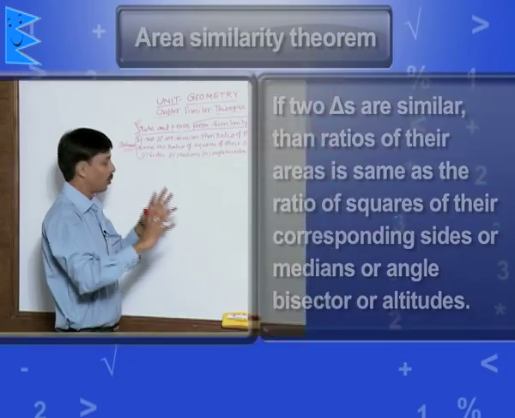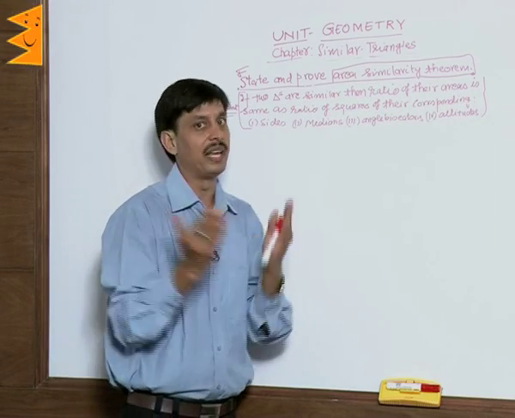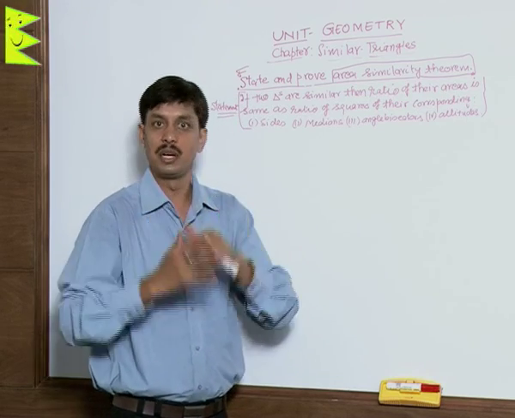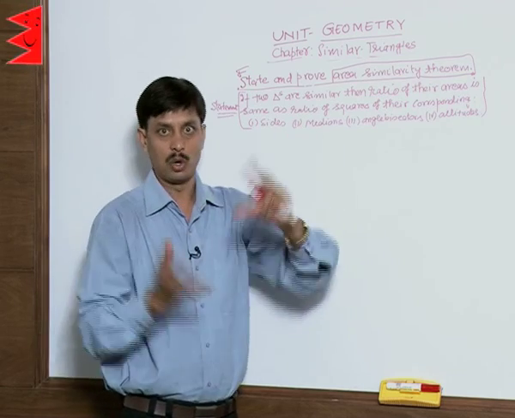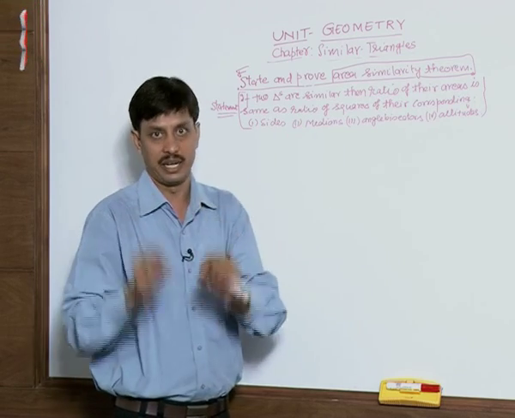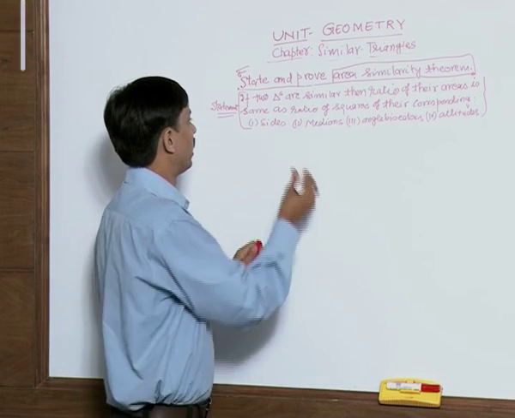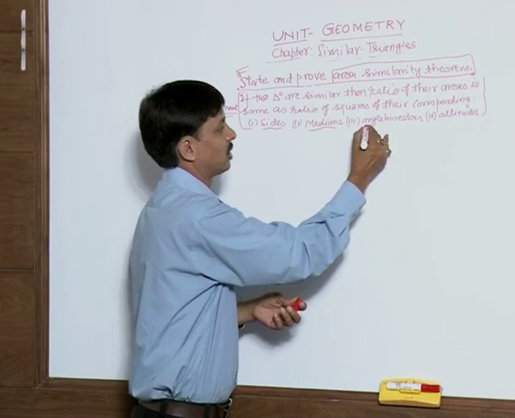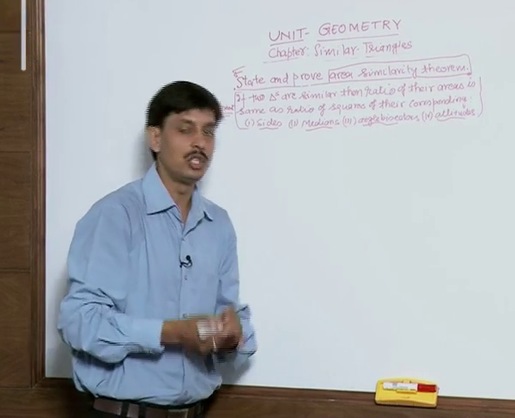So here we have to prove that if two triangles are similar, that is, we are given two similar triangles, then the ratio of areas of these two similar triangles is the same as the ratio of squares of either corresponding sides, corresponding medians, corresponding angle bisectors, or corresponding altitudes.